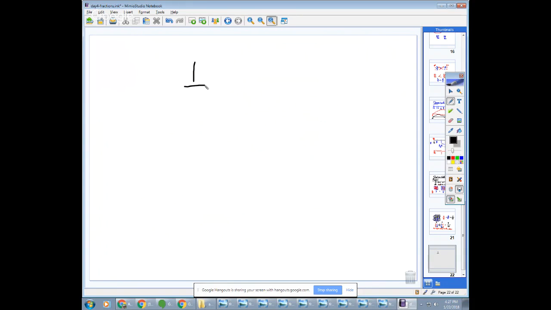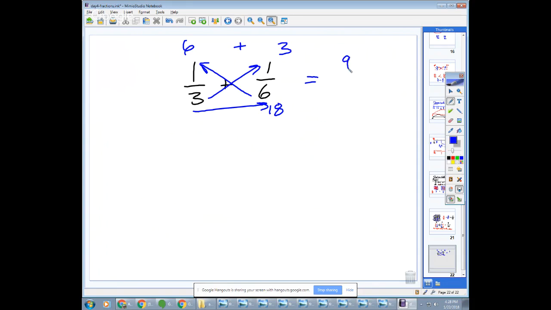So here we have our 1/3 added to our 1/6. A different version of adding fractions is to not, a common way to teach this is to find the lowest common denominator. But sometimes that's hard. An easier way to do this is just to say, hey, 1 times 6 is 6. 3 times 1 is 3. Your new denominator is 3 times 6. So the answer has to be 6 plus 3 over 18.